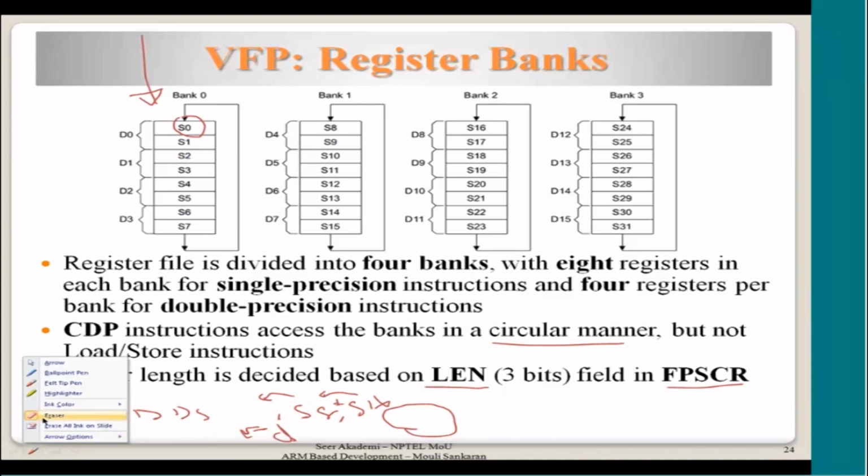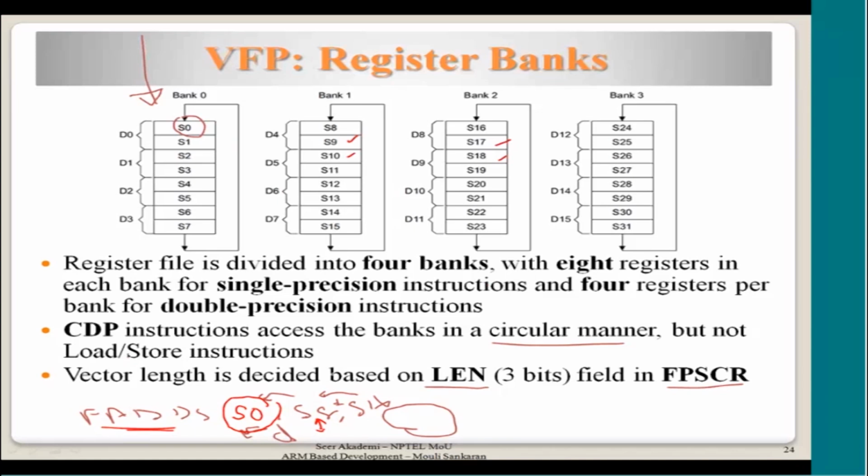Let me write it for a change, with clear handwriting. S0. Now what happens? Once the VFP looks at this as S0, it will not assume that you want to perform some more operations on S9, then S10, and then S17 and S18, and go on. It will not do it.